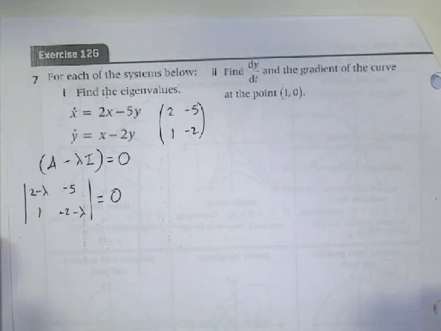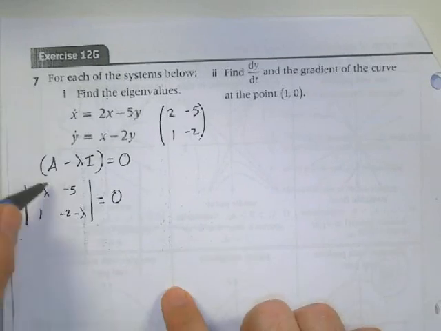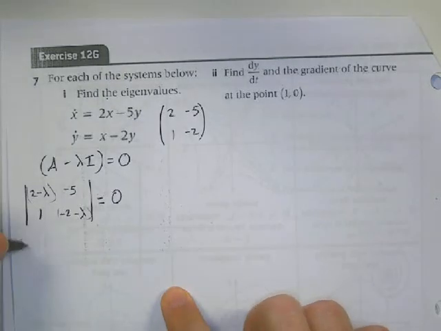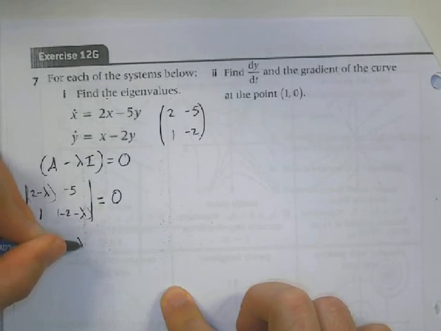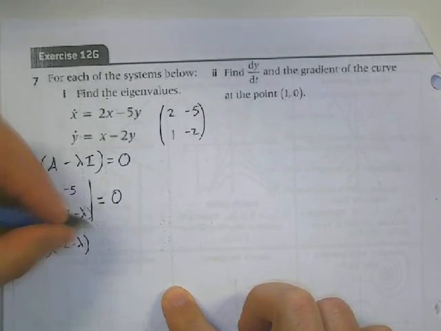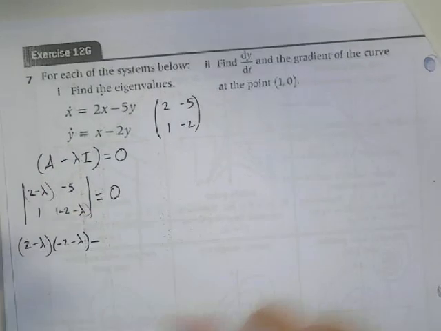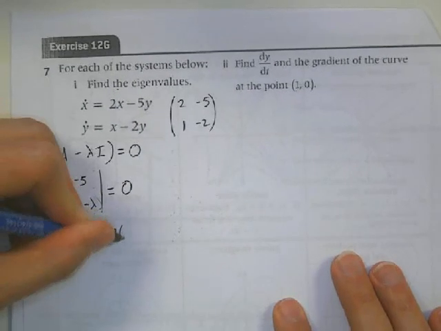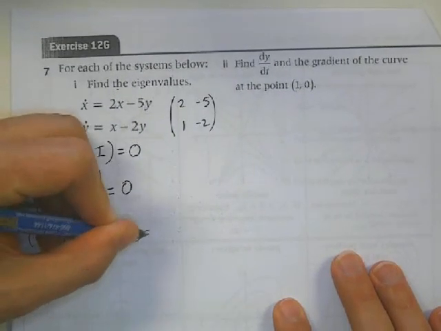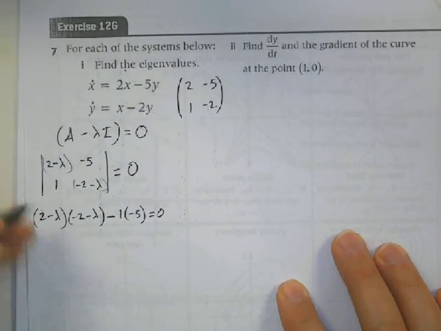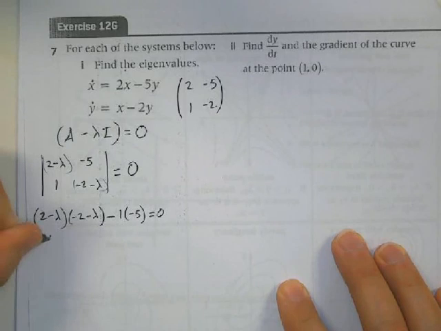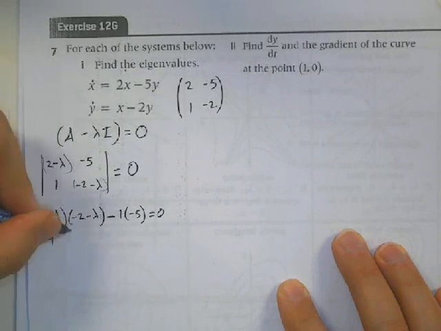In making this equal to 0, I'm going to have this times this. So I'm going to have 2 minus lambda times -2 minus lambda, minus 1 times -5, equals 0. And now we can find our determinant. So we FOIL this out. We get 2 times -2 is just -4. 2 times negative lambda is -2 lambda.